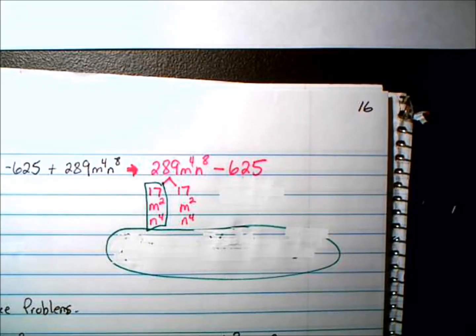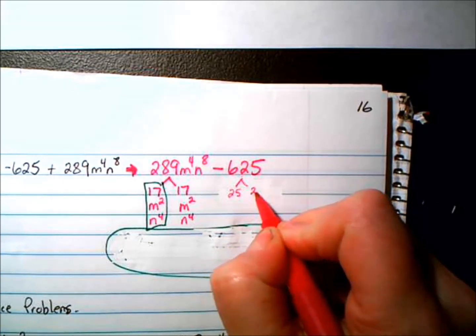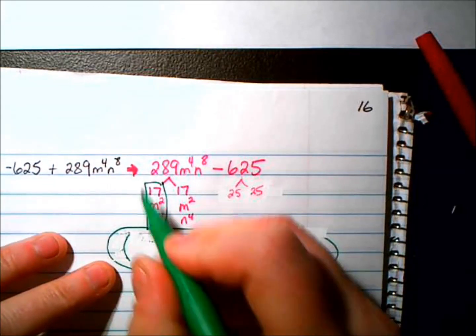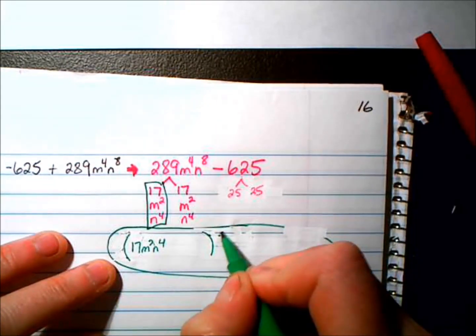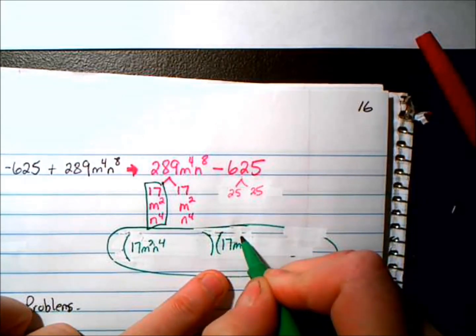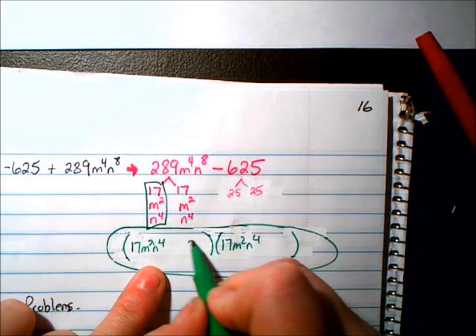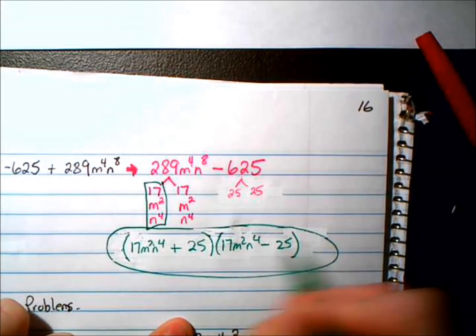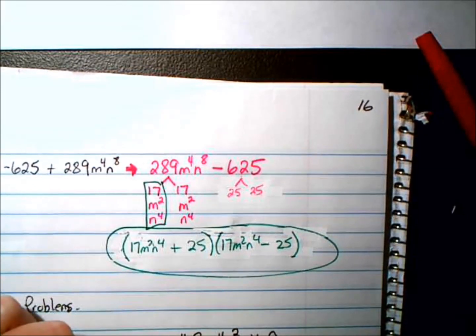Okay, 625 splits into a pair of 25's, so that when you write your parentheses and it brings it down, you'll have 17m squared into the 4th and 17m squared into the 4th for that particular setup. The 25's go into each set of problems. You get a plus sign and a minus sign, and you'll have your answer for that particular problem.